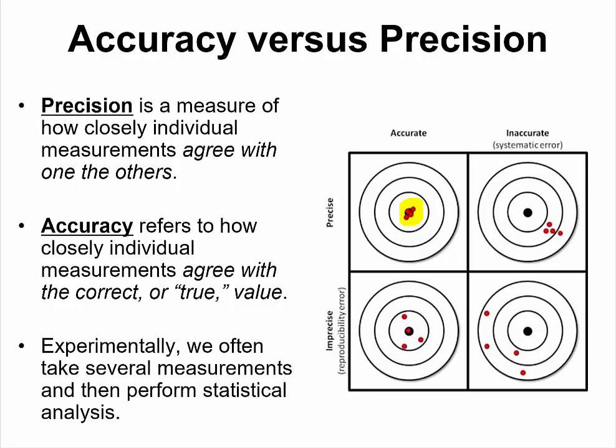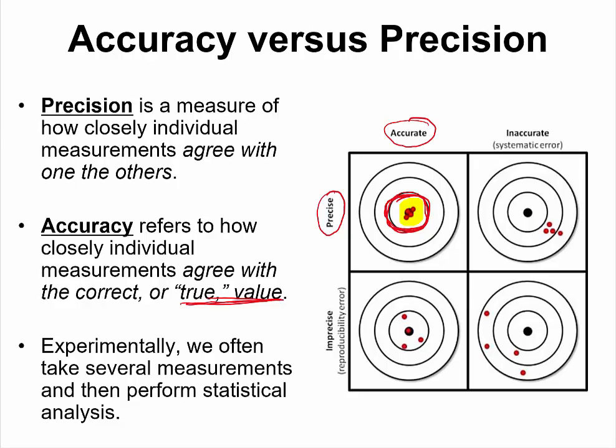As a result, we say the 4 darts are accurate and they are precise, because accuracy refers to how close our measurements are in agreement with the true value or the accepted value. In this context, the bullseye is the target, that is the true value. And the 4 darts, they hit the bullseye.